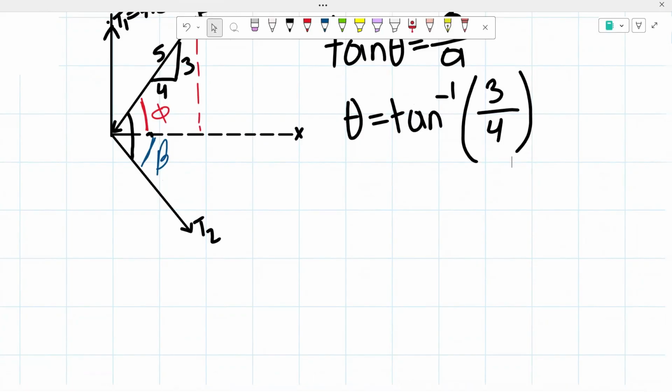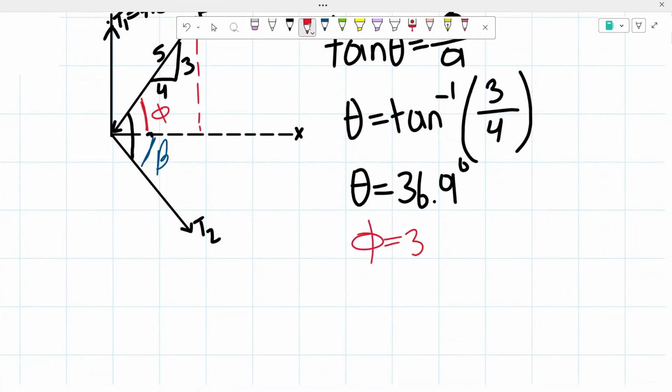And this gives us that theta is equal to 36.9 degrees, but remember we called this angle right here phi. So phi is equal to 36.9 degrees.